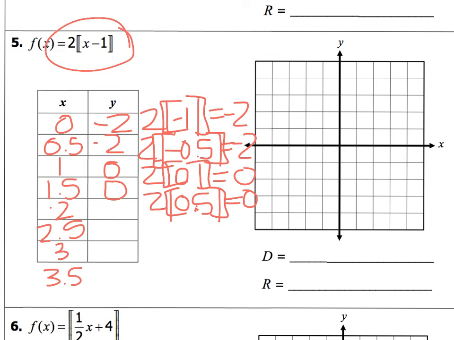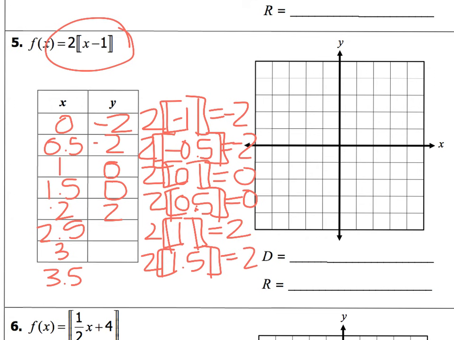Now if we were to plug 2 in, we would get 2 times the greatest integer of 2 minus 1 gives us 1. So 2 times 1 is 2. 2.5 would give us 2 times the greatest integer of 1.5. Rounding that down would be 2 times 1, which is 2 again.